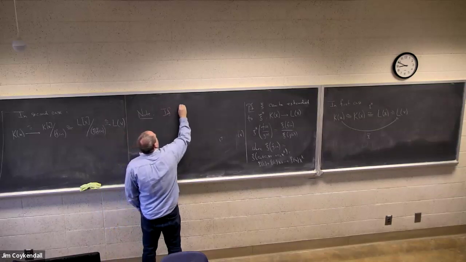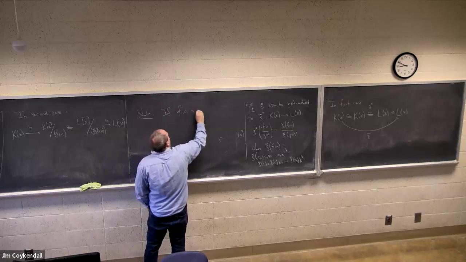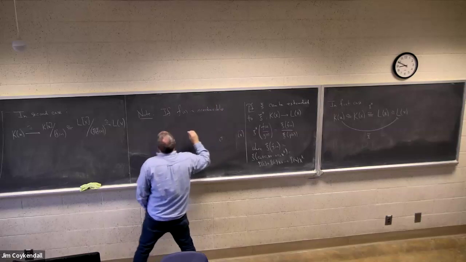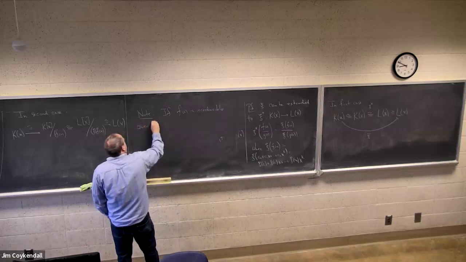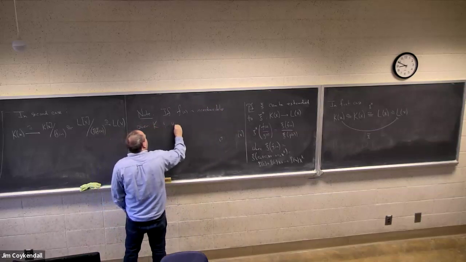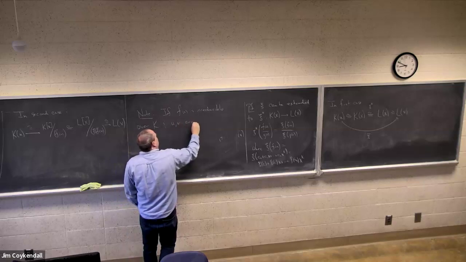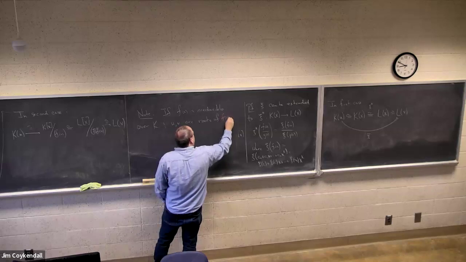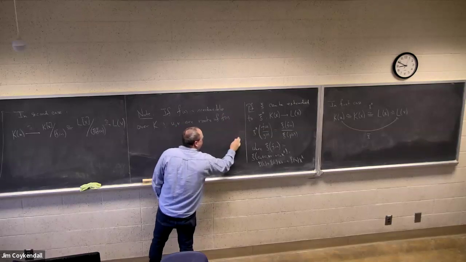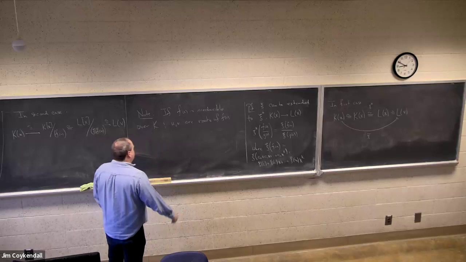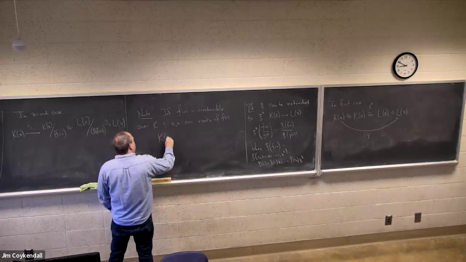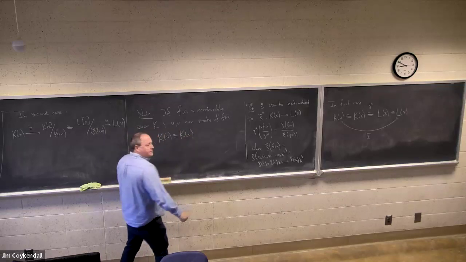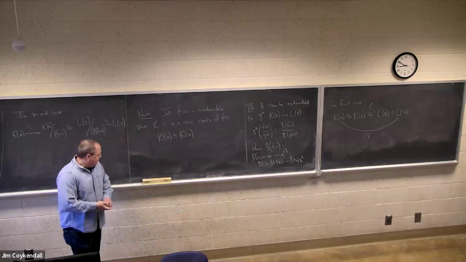If f(x) is irreducible over K, and U, V are roots of f(x) in some gargantuan extension field, then K(U) is isomorphic to K(V). That's an important thing to keep in mind.